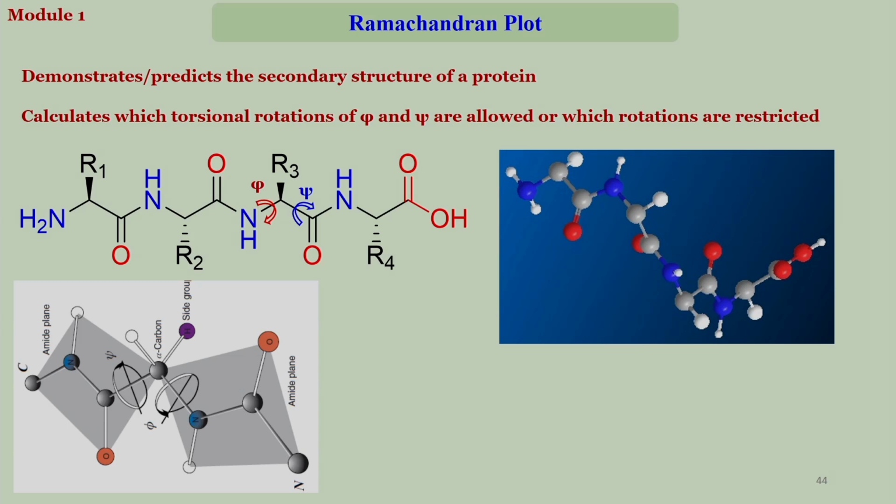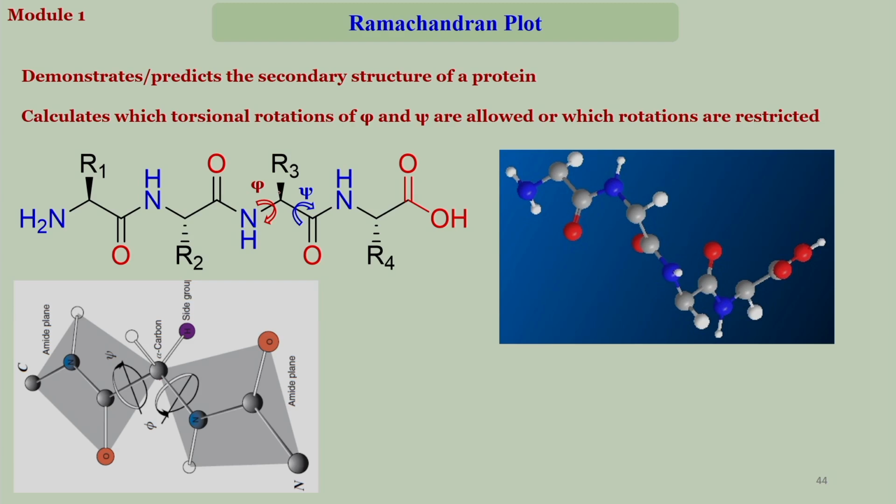What it does is calculate two angles, the rotation around two bonds, one is phi, another is psi. It is given here: you have one plane, you have the other plane, and the angle between the two planes is called the dihedral angle. This is a single bond, as I have told.